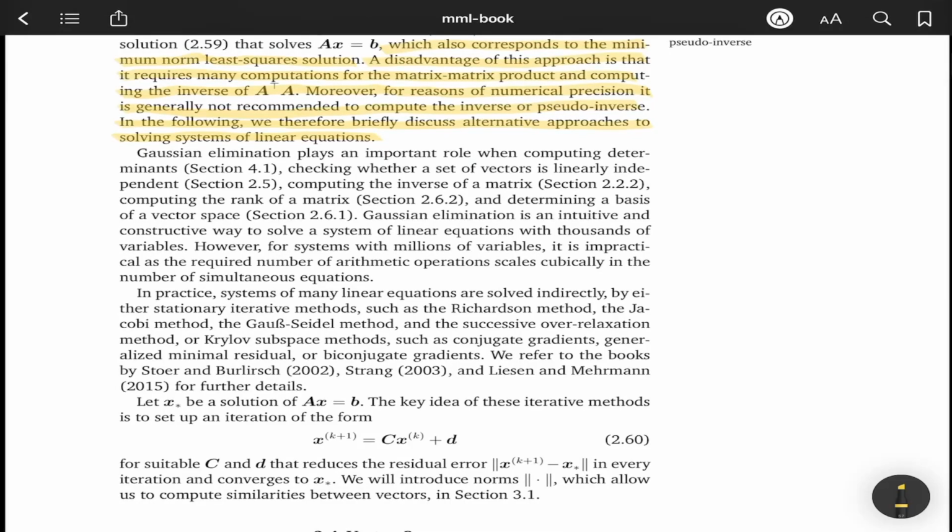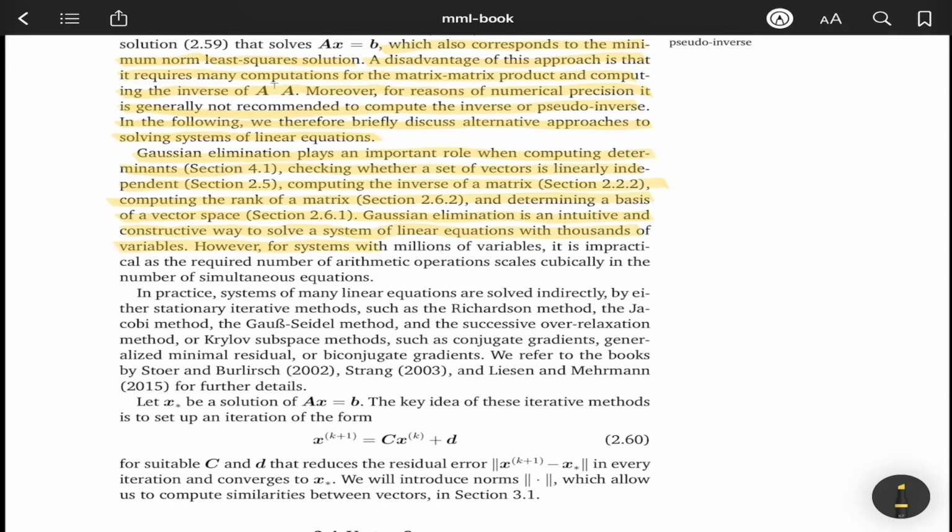So the Gaussian elimination plays an important role when computing determinants, checking whether a set of vectors is linearly independent, computing the inverse of a matrix, computing the rank of the matrix, and determining the basis of a vector space. Gaussian elimination is an intuitive and constructive way to solve a system of linear equations with thousands of variables.